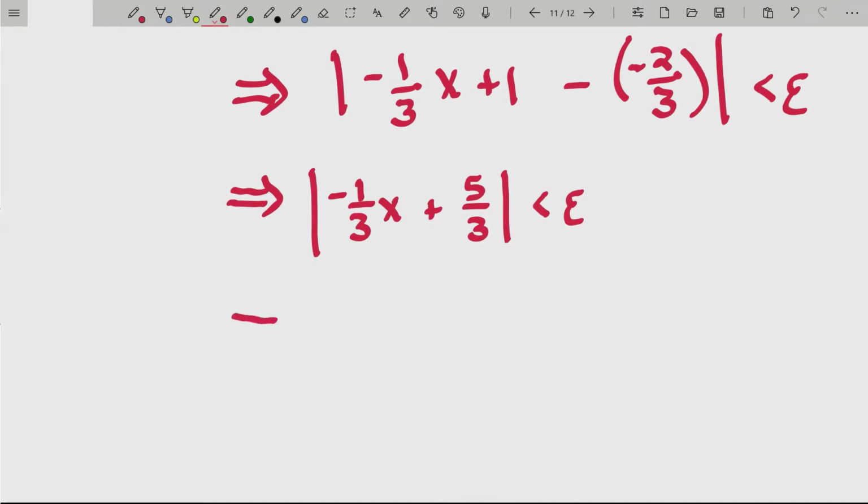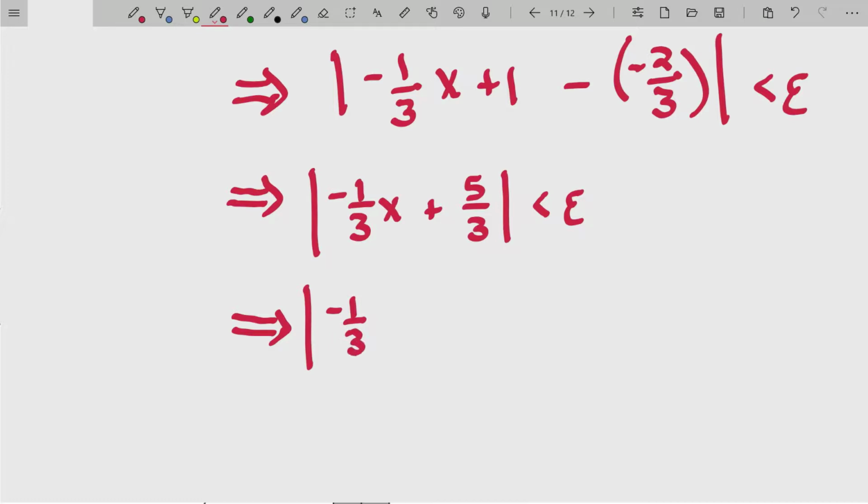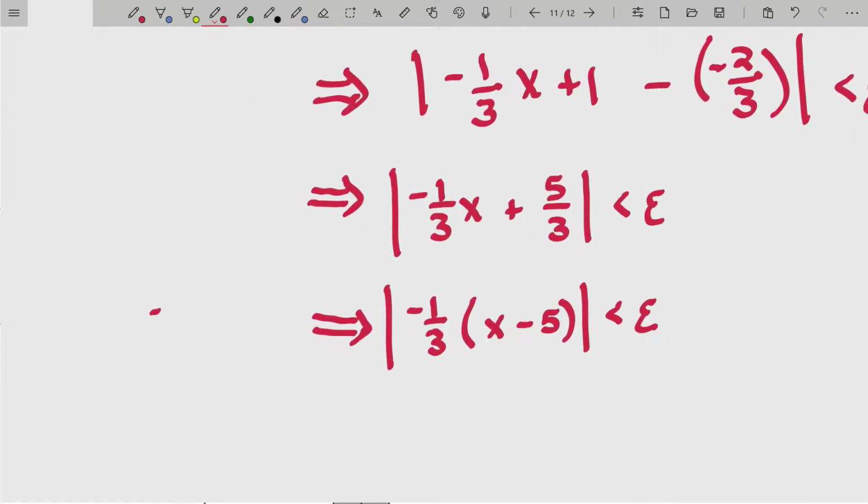You would factor off a negative 1/3, and you'd be left with an x minus 5. It's good to see that the algebra we learned with factoring all those years is paying off a little bit, very lightly here. That's all I did there.